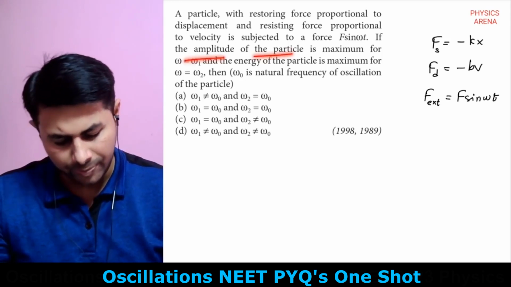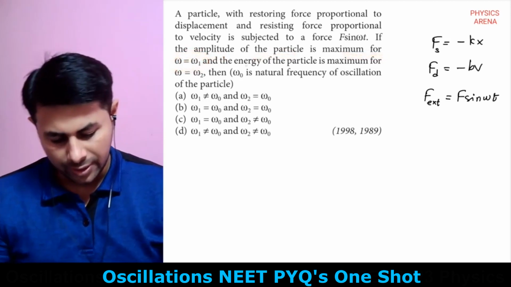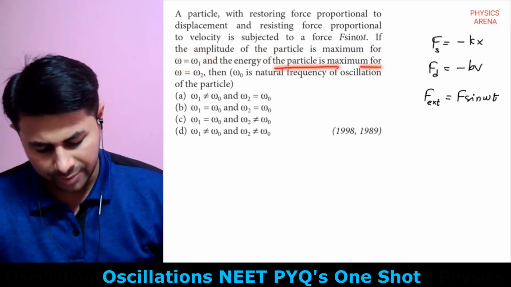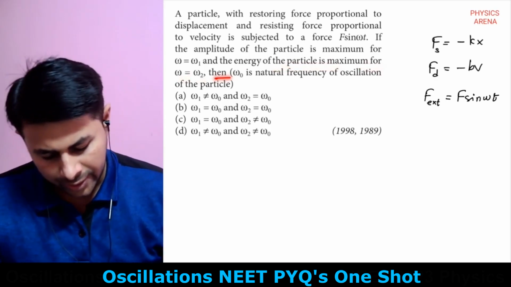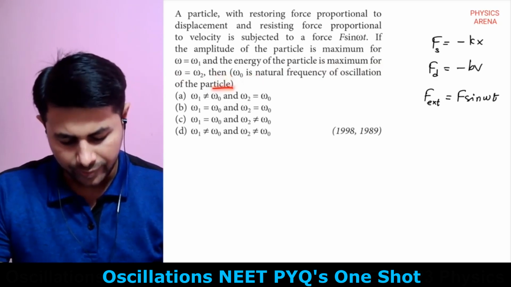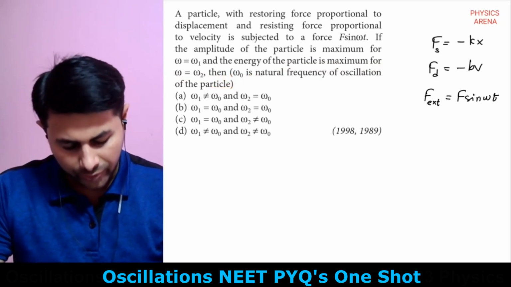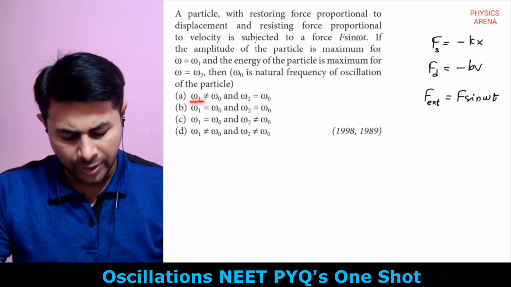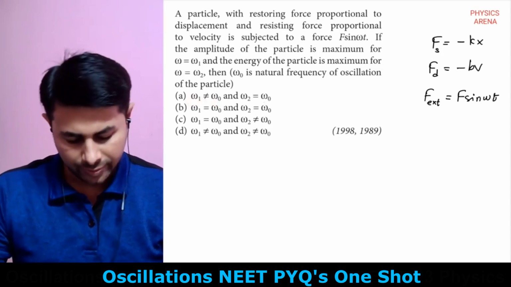If the amplitude of the particle is maximum for omega equals omega 1 and the energy of the particle is maximum for omega equals omega 2, then omega naught is the natural frequency of oscillation of the particle, right? So what will be the answer of this? Omega 1 is not equal to omega naught and omega 2 equals omega naught.